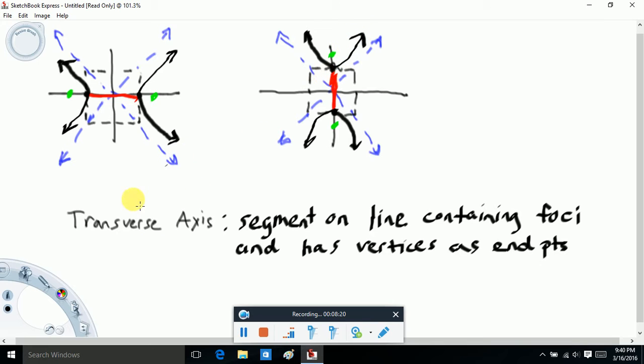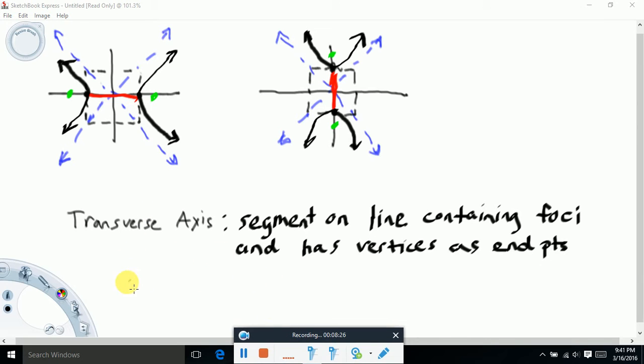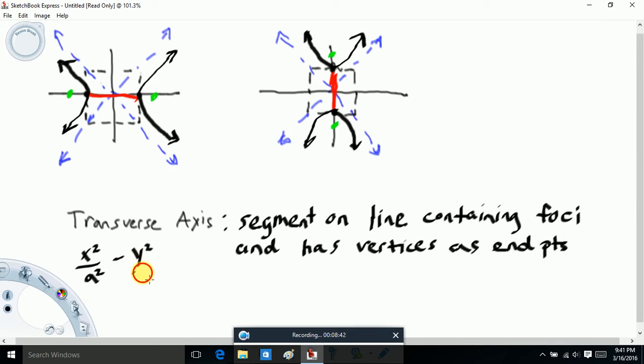Okay, and the equations for these I will write underneath. And let's erase this for now.